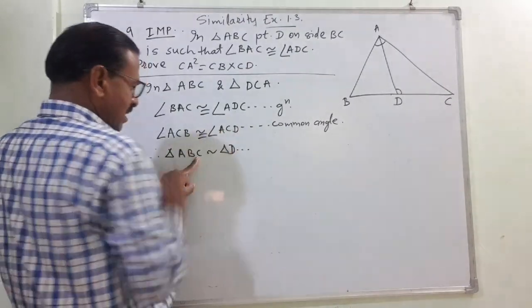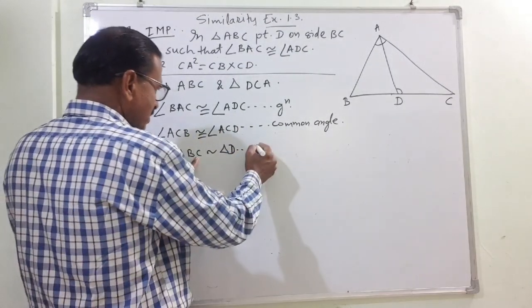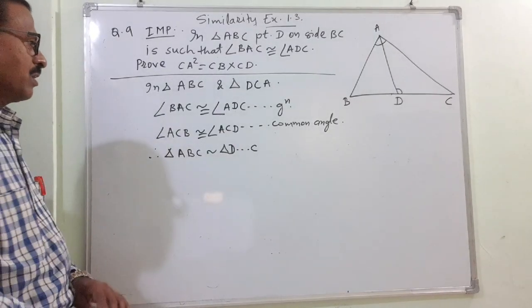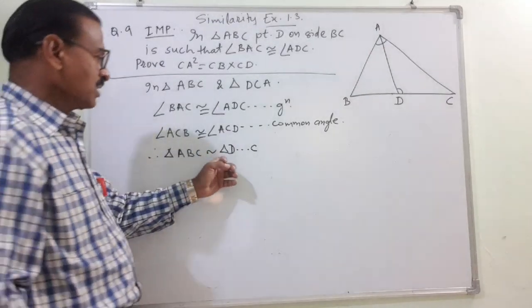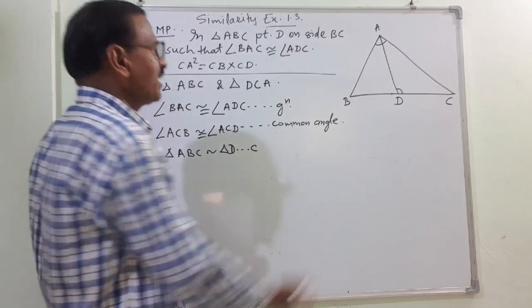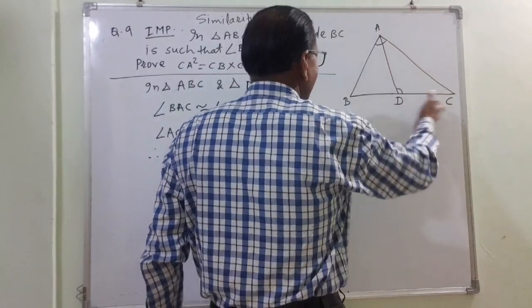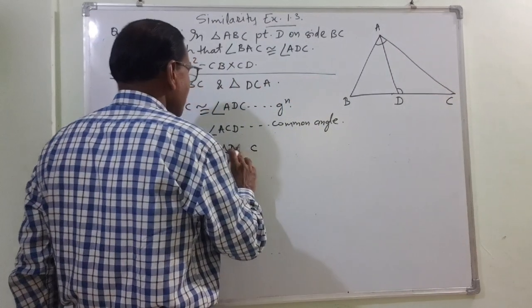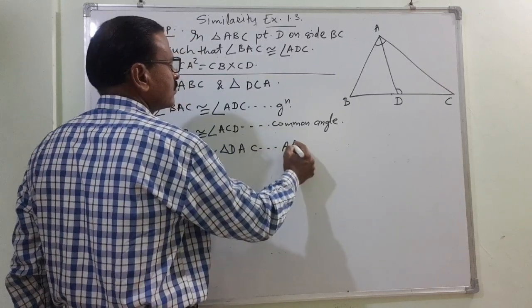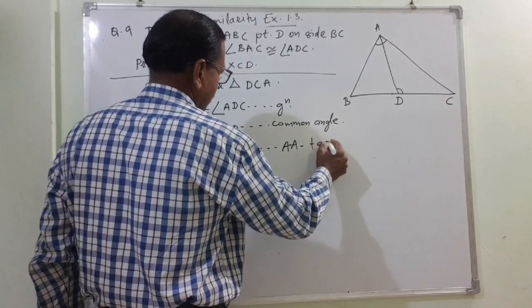I will keep this blank, and in the third position I will take this C. So for this smaller triangle, two places are completely filled. Which is the one remaining? A is remaining for the smaller triangle, and that place I will fill here. Reason is AA test.